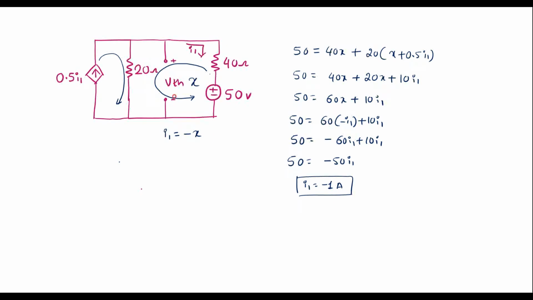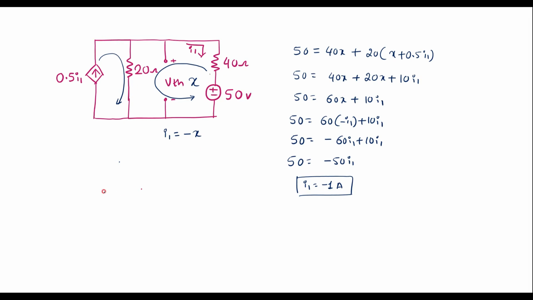Now we can observe that the voltage across these two terminals is the voltage across the 40 ohm resistor plus 50, which is VTH, or VTH is also equal to the voltage across the 20 ohm resistor.